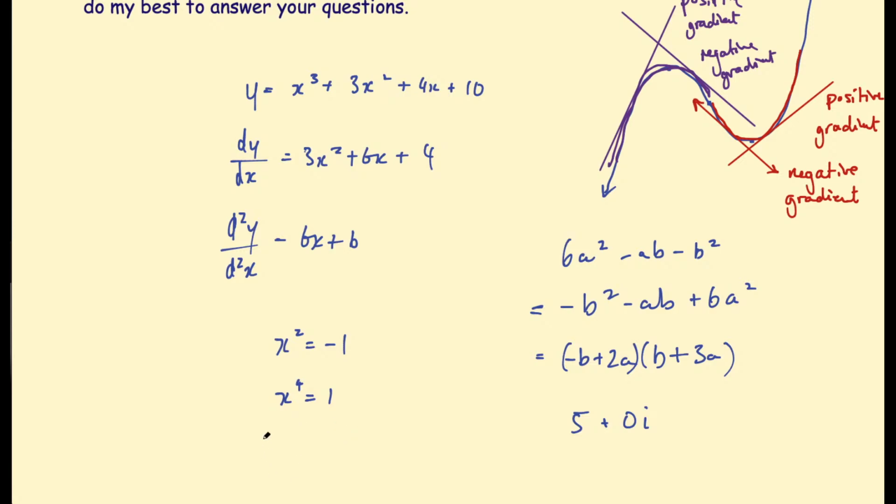The solutions to this would be x equals 1, negative 1, actually what would they be? Is it plus or minus i? Or is it just i? I'm forgetting. I haven't done this stuff for a while.